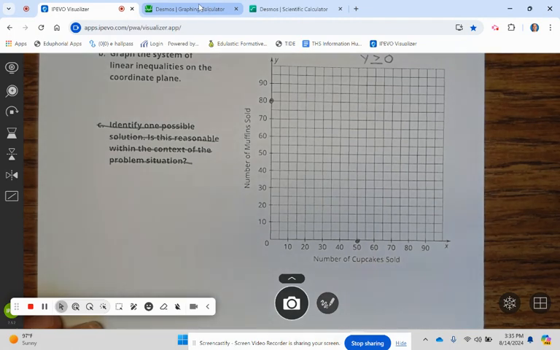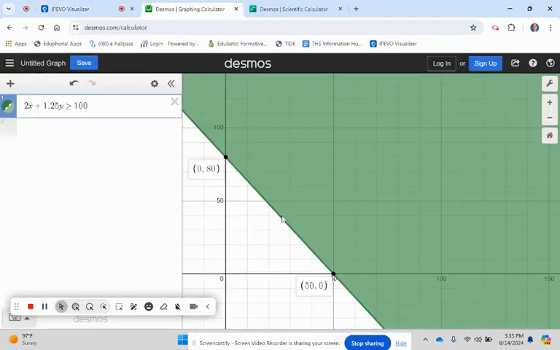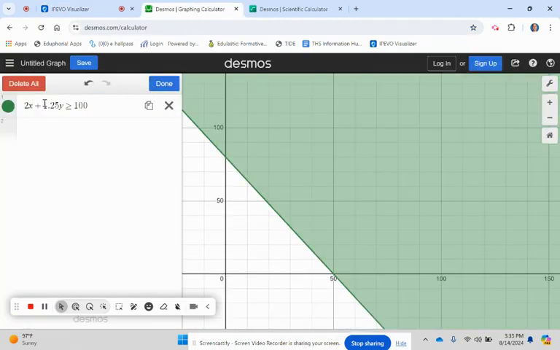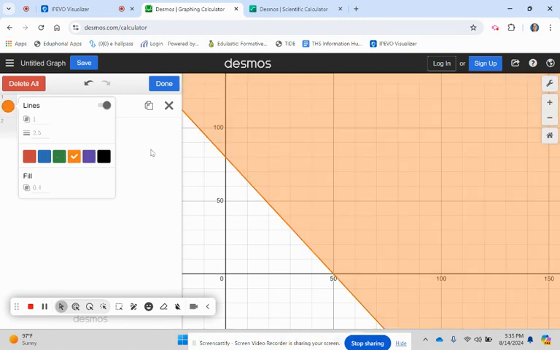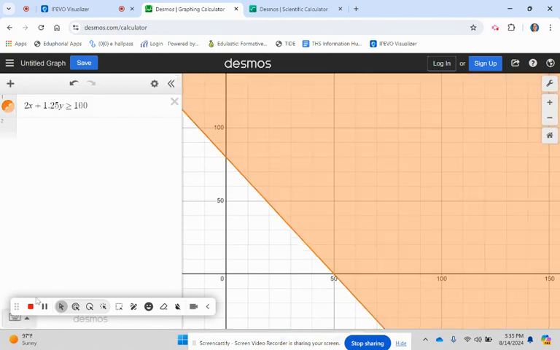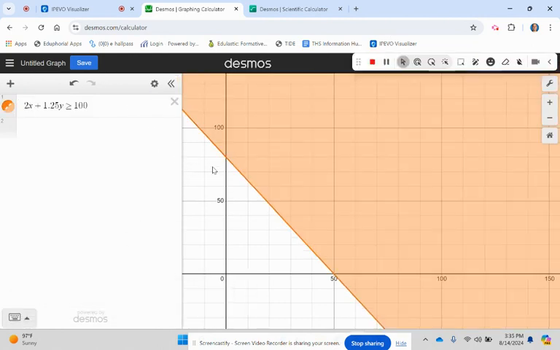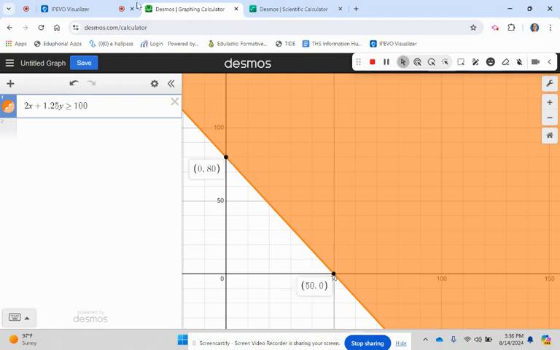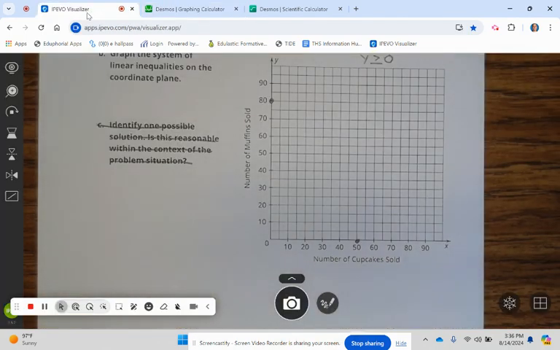And we see that that is a solid line, and we want to change the color of that. We're going to change that to orange. Okay, so again, (0, 80), (50, 0). Solid line shaded, so let's go ahead and do that.